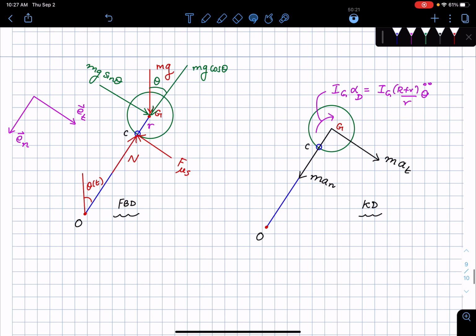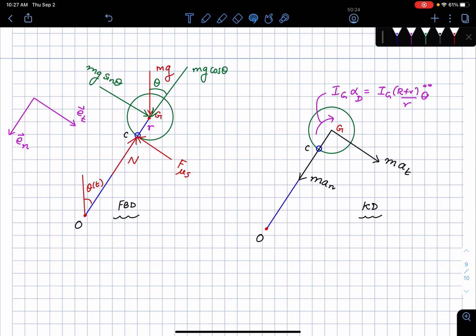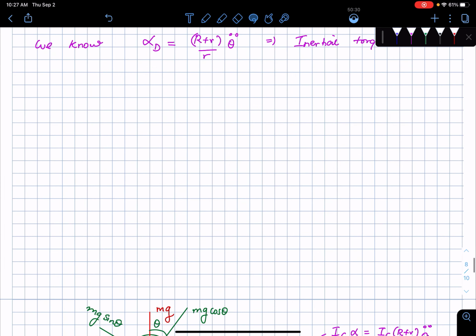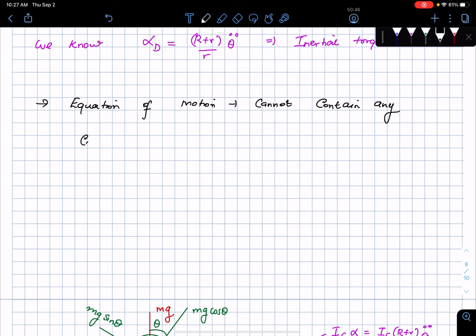Now I want to obtain the equation of motion. To obtain the equation of motion, my equation of motion cannot contain any constraints. So I'm going to write that down here. Equation of motion cannot contain any constraints.